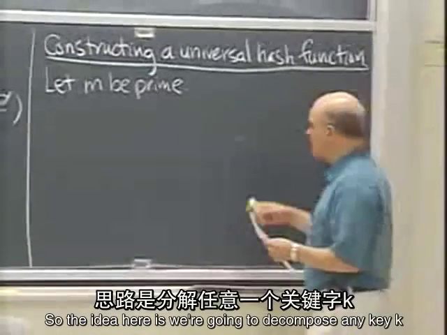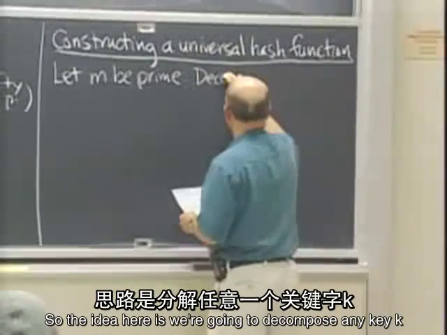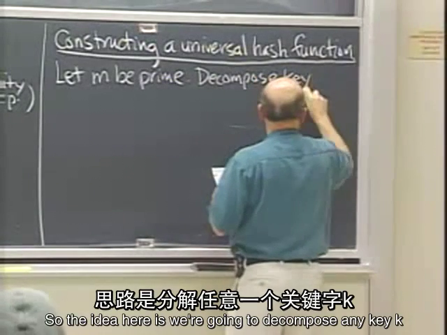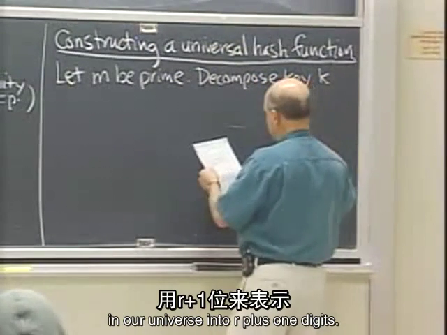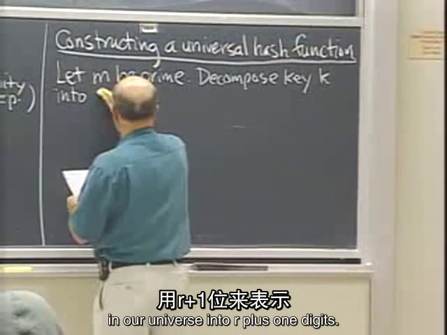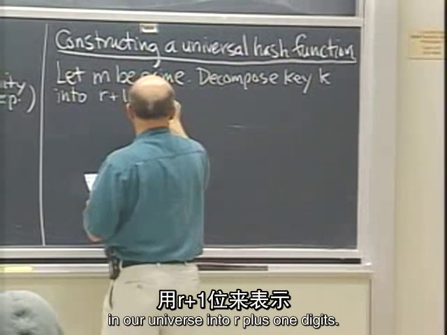So the idea here is we're going to decompose any key k in our universe into r+1 digits.